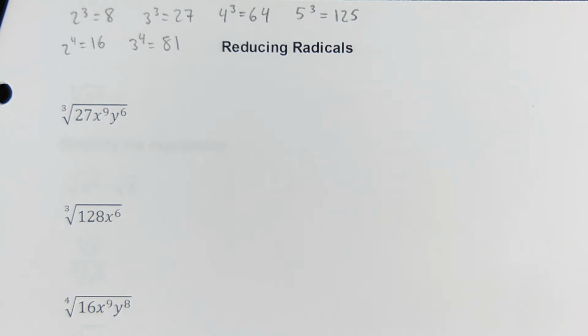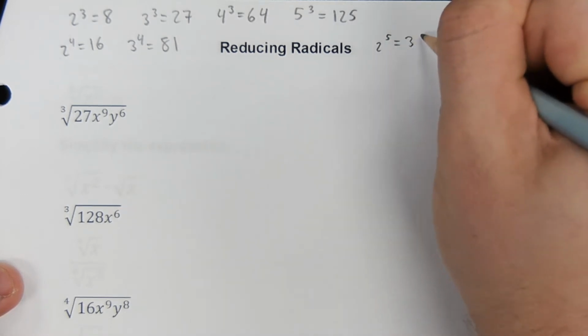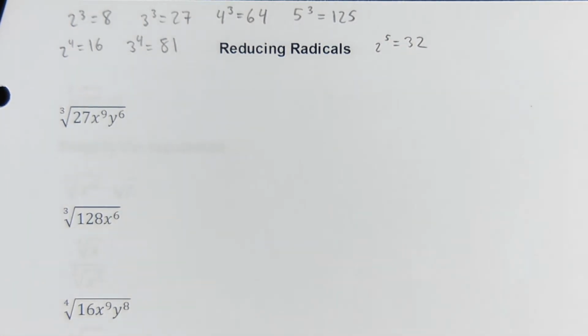You see how fast these things get really, really big? So that's good on the fourths. And I do want you to know a single fifth power. I would like for you to know that 2 to the fifth is 32. Cool. We are ready to rock and roll.